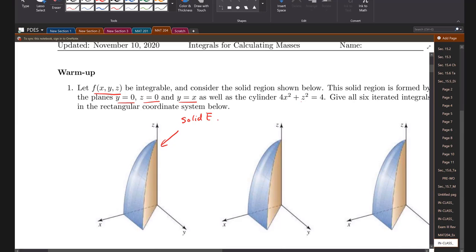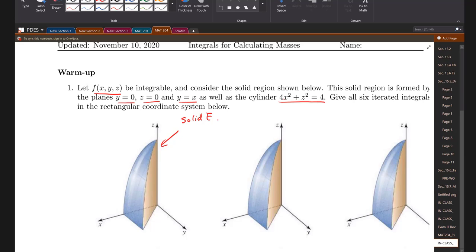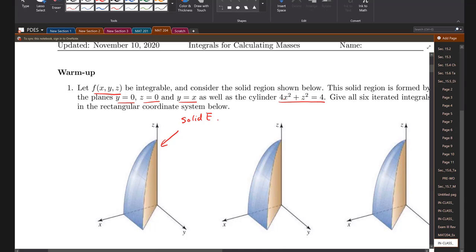And then this cylinder. Now careful, remember the cylinder is going to be so for any y value slice, parallel to the xz plane, it's always going to look like this elliptical cylinder.